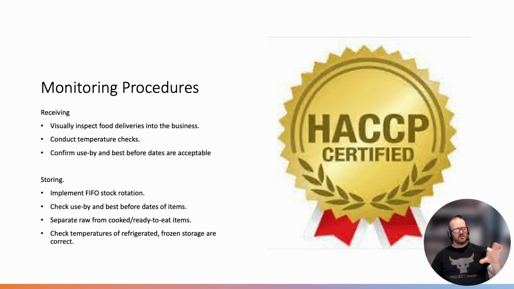So inspect the food delivery, conduct the temperature checks, confirm the use by and best before dates. That's receiving. Storing might be FIFO, first in, first out, stock rotation. Checking the dates, making sure that we're rotating, separating raw from cooked, ready to eat items. Checking temperatures of fridges or frozen storage or freezers.